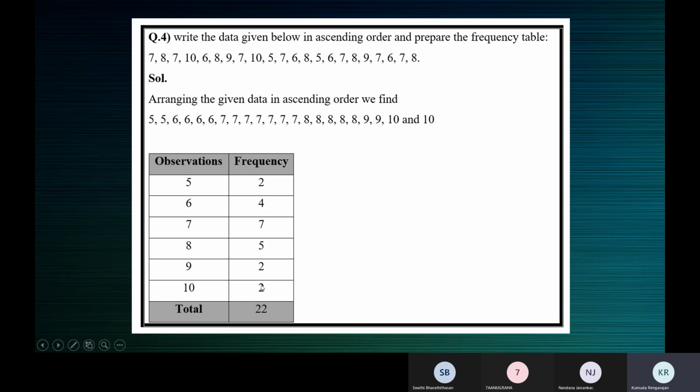Now here 2 is the frequency of 10 because 10 happens 2 times. The number of times an observation takes place in a data is called the frequency. Can we relate it?